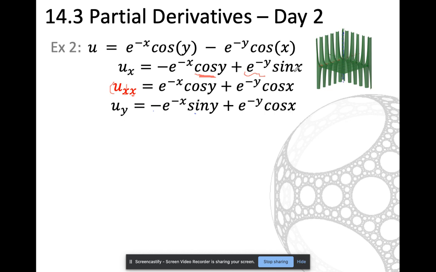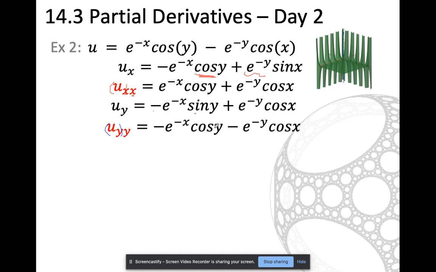And then again, cosine x is just a constant. Now take the derivative of that expression. And once again, with respect to y, so you're holding x constant again. And this is the expression I get.